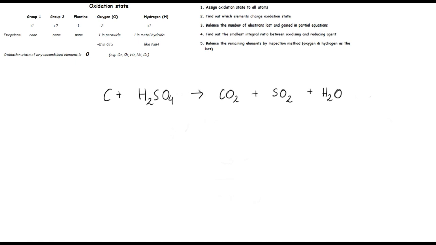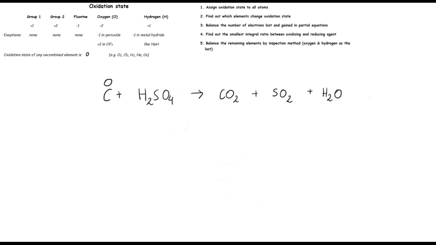And here we have other examples of uncombined elements like oxygen, chlorine, hydrogen, sodium. So the oxidation state of an uncombined element is 0. So we can assign 0 to the carbon. It's from the definition, so nothing to do with that at this moment.